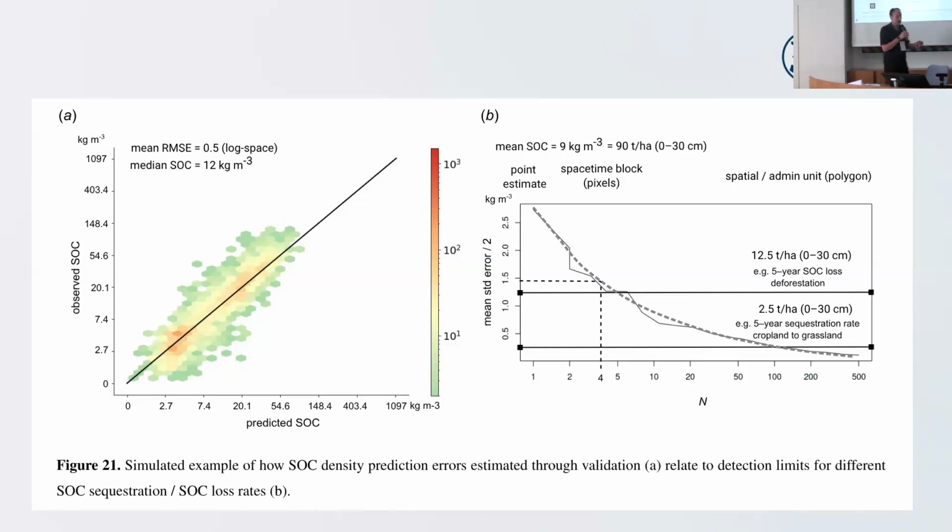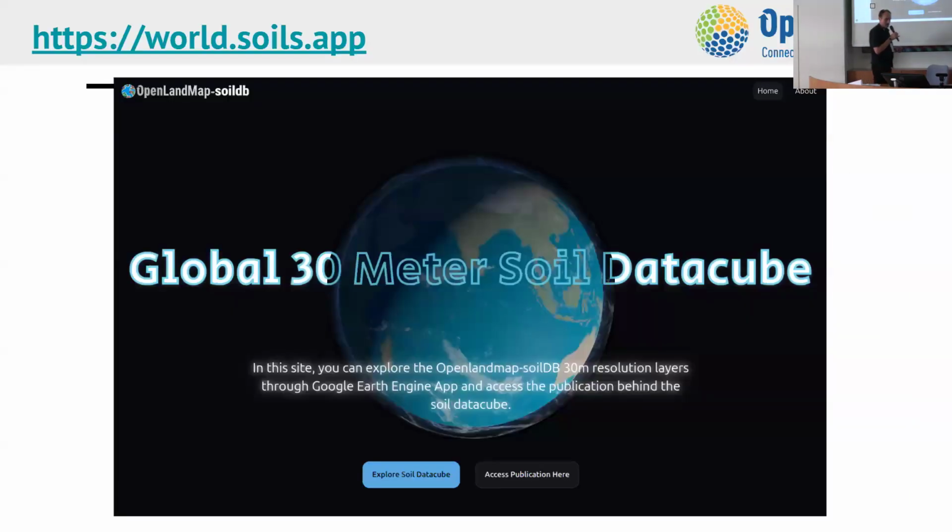This is like an information resolution. So you estimate your average error, and then your average error should be lower than the average change, because otherwise you cannot quantify that change.